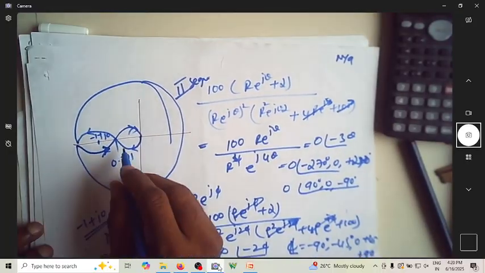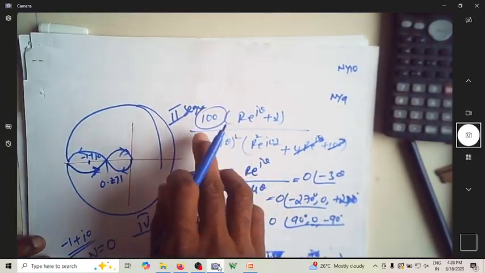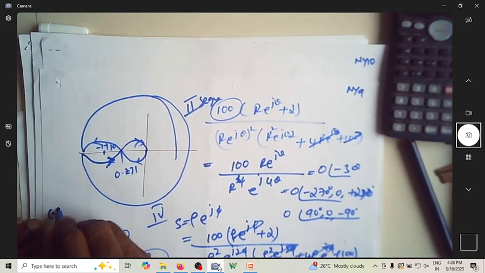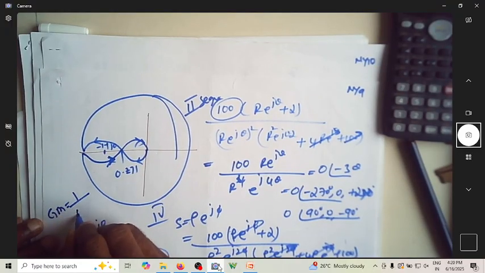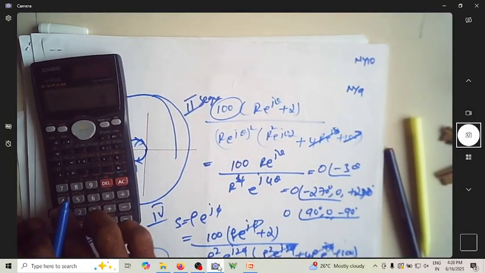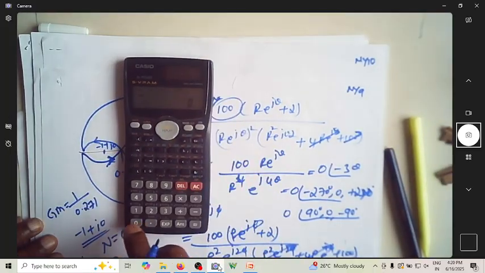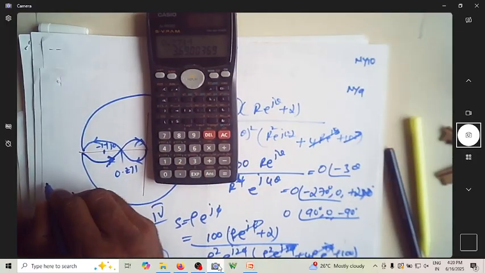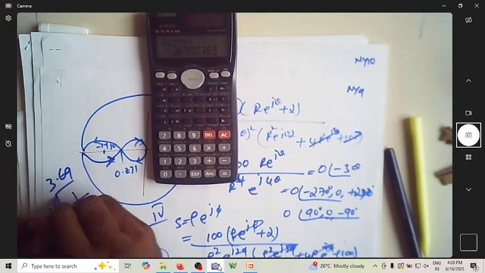No, it's not absolutely stable. If you increase this 100, what is the gain margin? Gain margin is nothing but 1 over 0.271. So what is 1 over 0.271? It is 3.69.